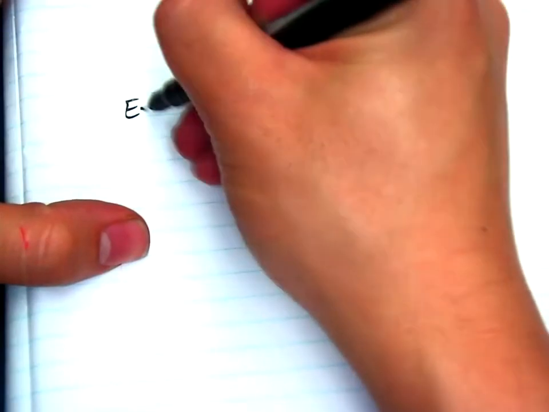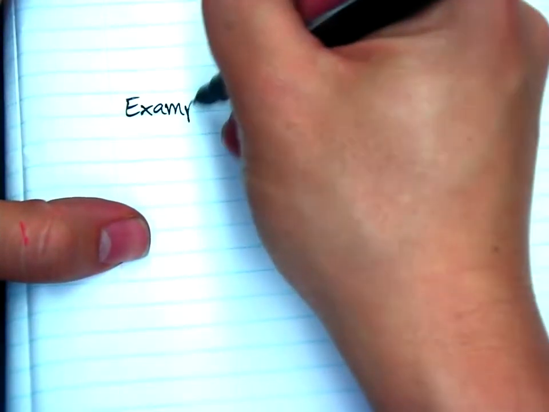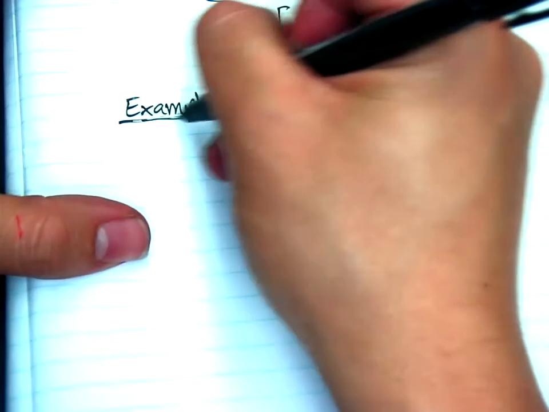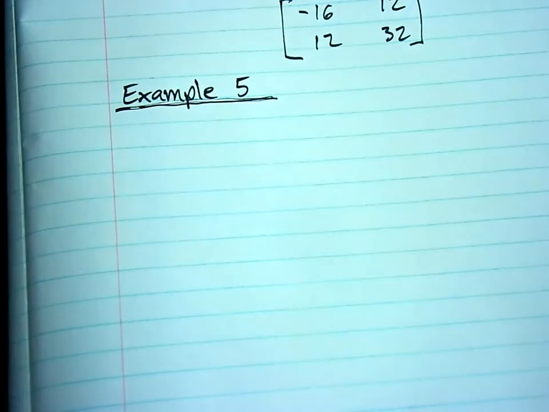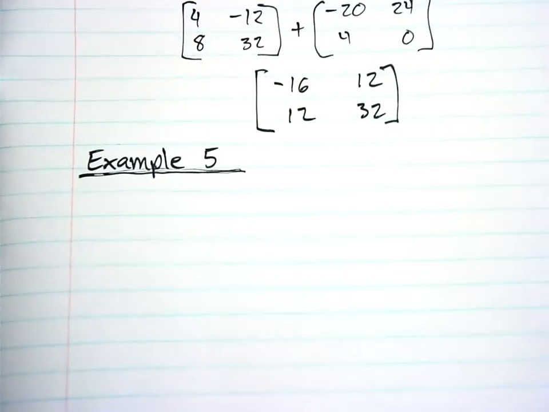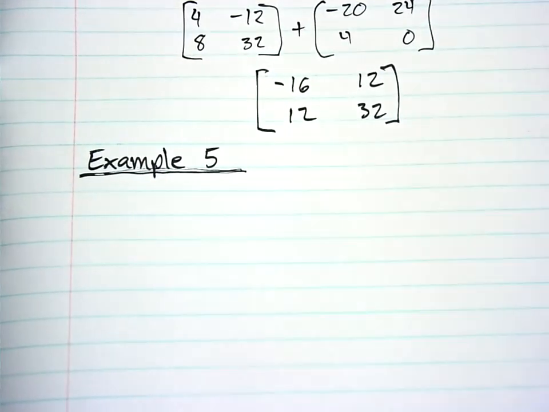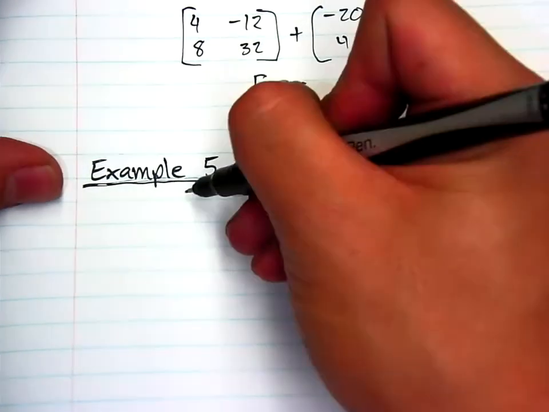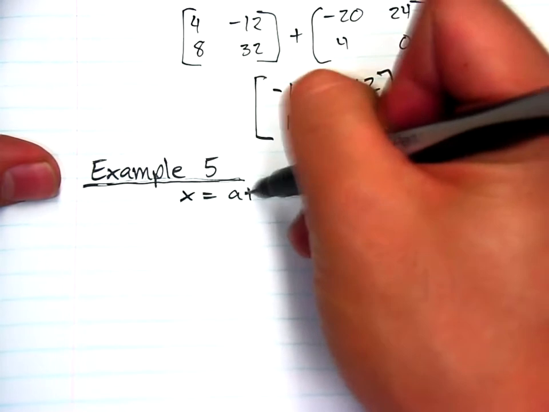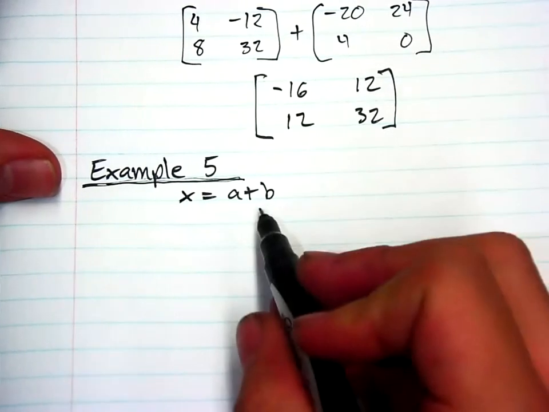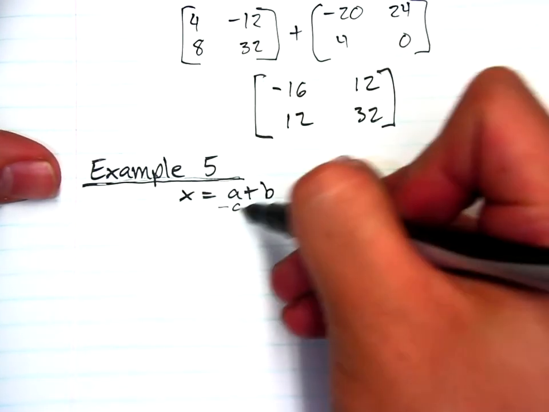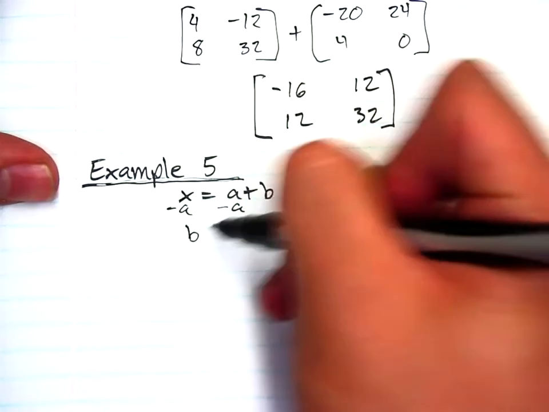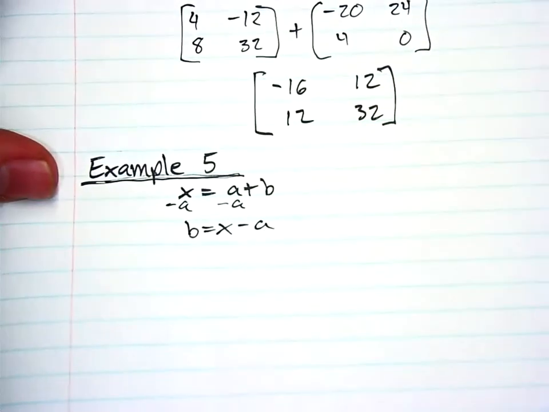Example 5, we're going to solve equations that involve matrices. Now, solving equations that have matrices in them will pretty much involve all of the operations we've done so far, and then apply some basic algebra concepts where you're solving for a real number. So, for example, if we had x equals a plus b, and I was asked to solve for b, I would just subtract a from both sides, and I get b equals x minus a.